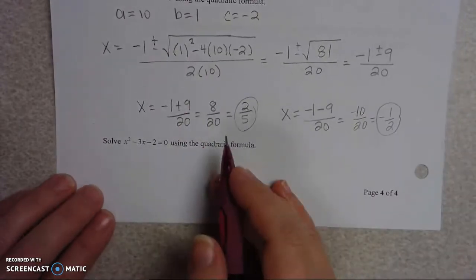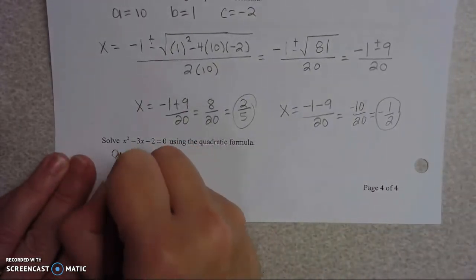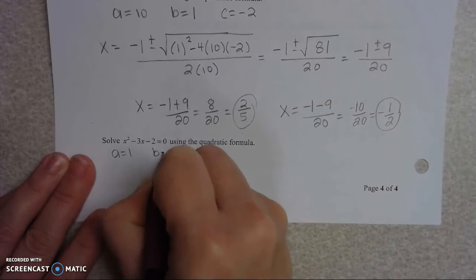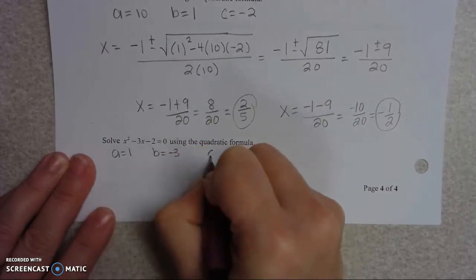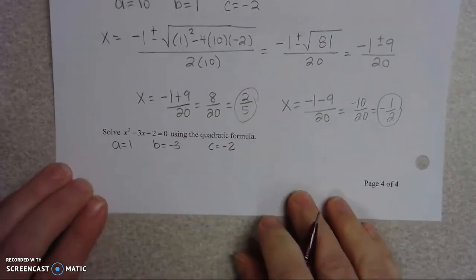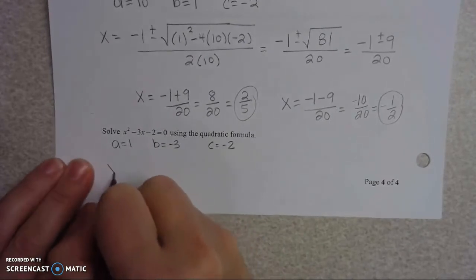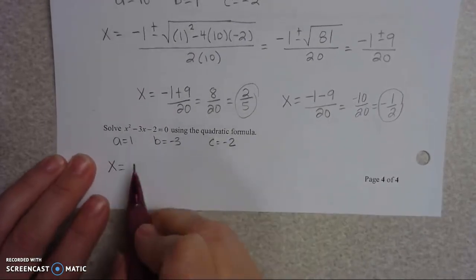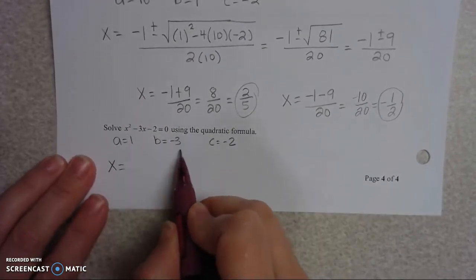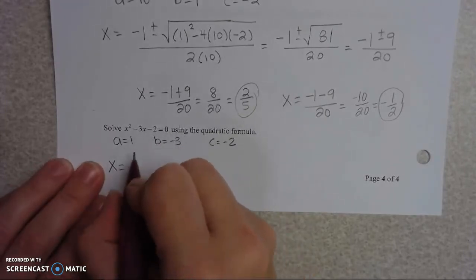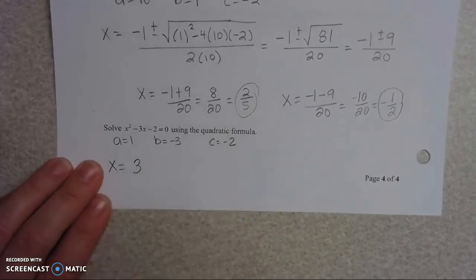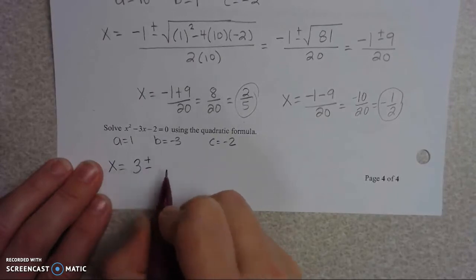Alright, let's try this last example here. Here A is 1, B equals negative 3, and C equals negative 2. So now we're going to do the opposite of B. Notice B is negative, so the opposite of negative 3 would be positive 3, plus or minus.